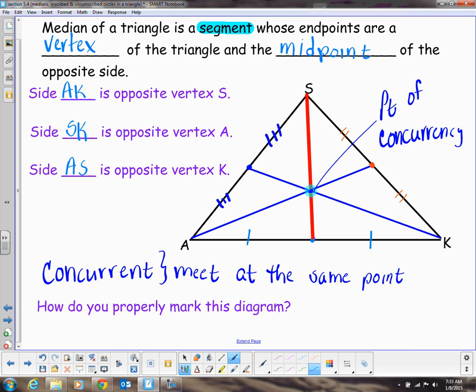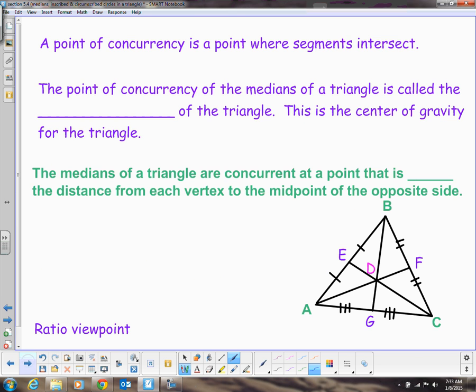Now, this is a special point. A point of concurrency is a point where the segments intersect. I did that on the last page. The point of concurrency of the medians of a triangle is called the centroid of the triangle.